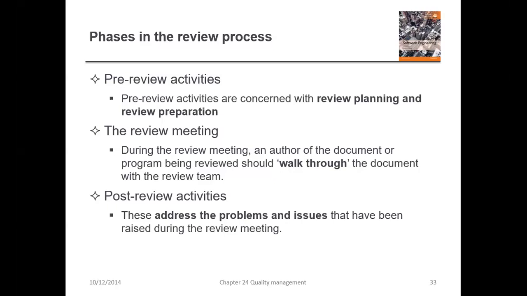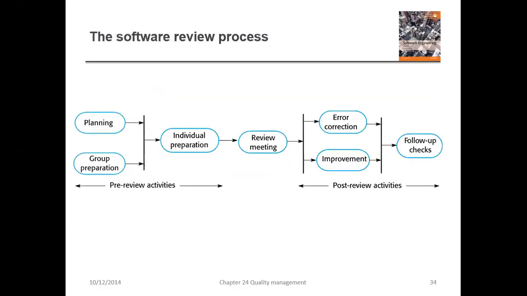So in a pictorial form, if you look at the diagram or sketch, you see that we have the various phases that I've mentioned. So we have the pre-review activities, we have the post-review, and then the review meeting itself.